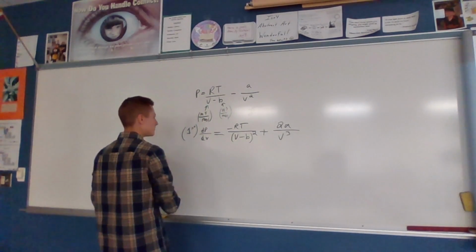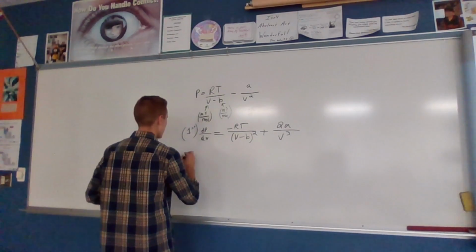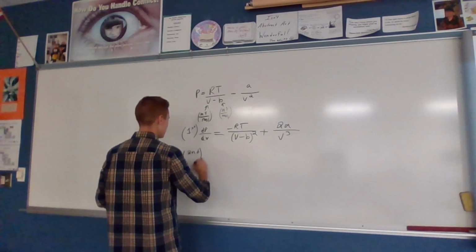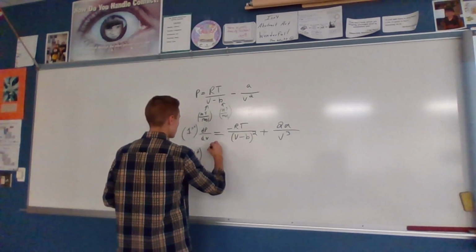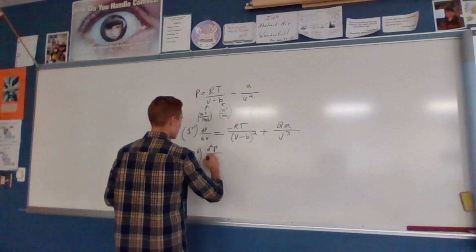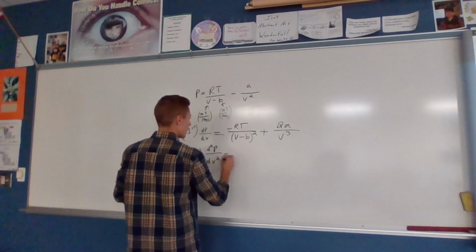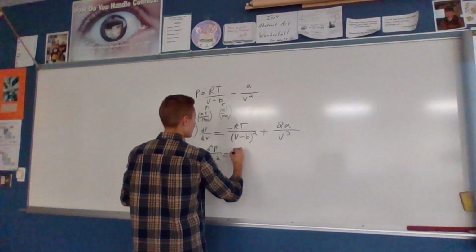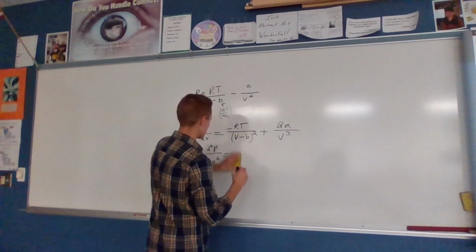So now we can go ahead and solve for our second derivative. So the second derivative is going to be d squared P over dV squared equals, okay, so we're going to take our 2. So that's going to be positive now.